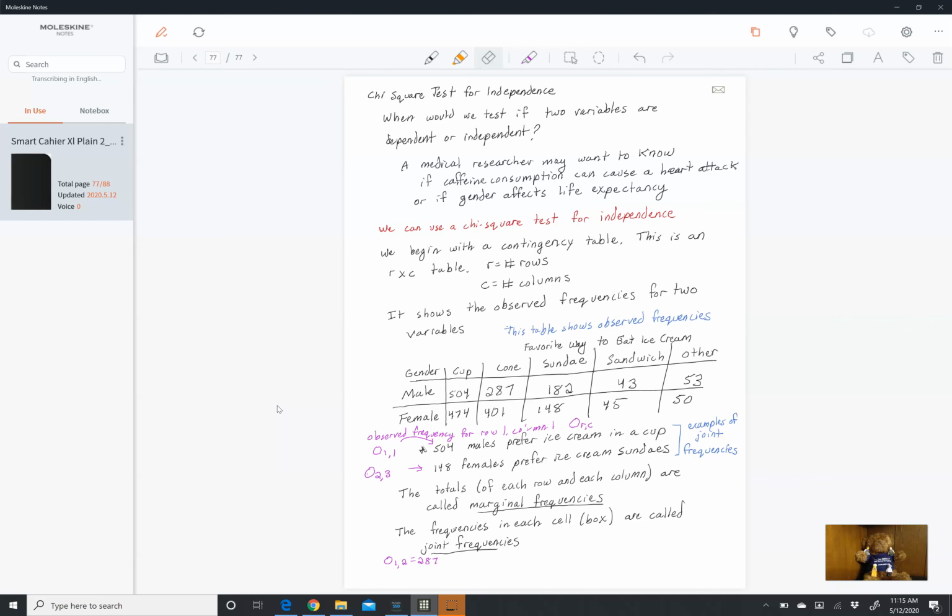That's a joint frequency. The observed frequency for row 2, column 2 is 401. The observed frequency for row 1, column 5 is 53. These are all joint frequencies, but joint frequencies are observed frequencies too.